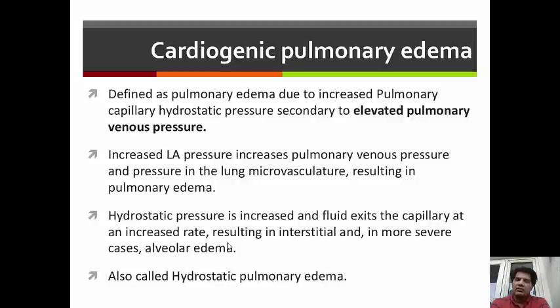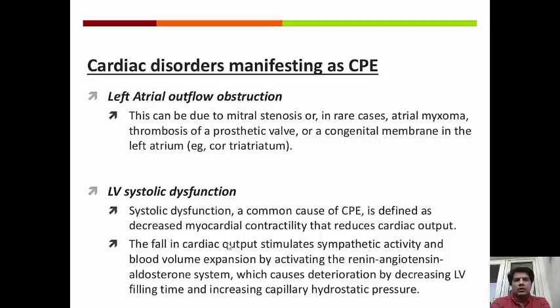Another condition might be increased left atrial pressure, say in mitral stenosis, where the left atrium cannot transmit blood to the left ventricle because the mitral valve is blocked. All of these lead to a backward flow to the lungs, and the pulmonary artery pressure rises to greater than 18 millimeter of mercury.